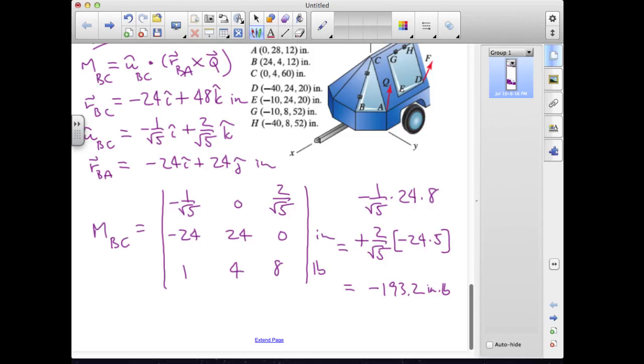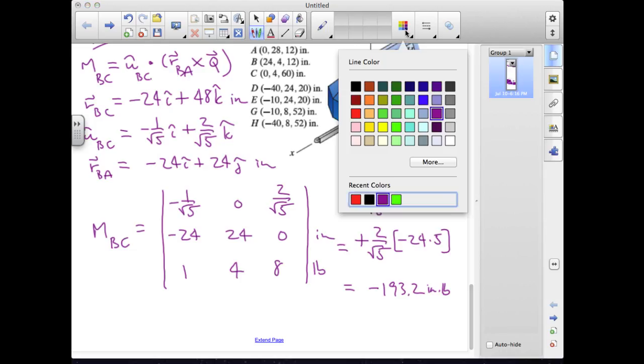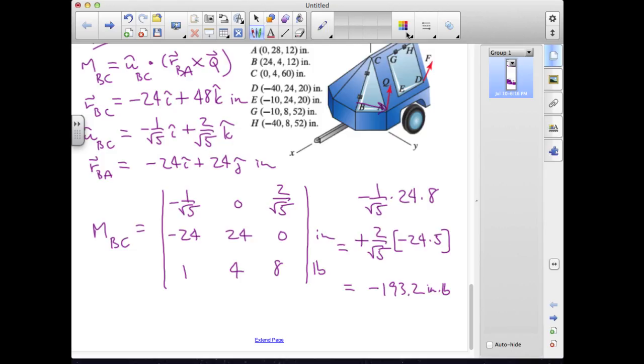So we defined our unit vector from B to C, and the fact that we get a negative value here tells us that the moment about that line is actually acting from C towards B, and we might be able to get a sense from that from the figure here if we draw a position vector in this direction. I'll choose a different color so it's a little easier to see.